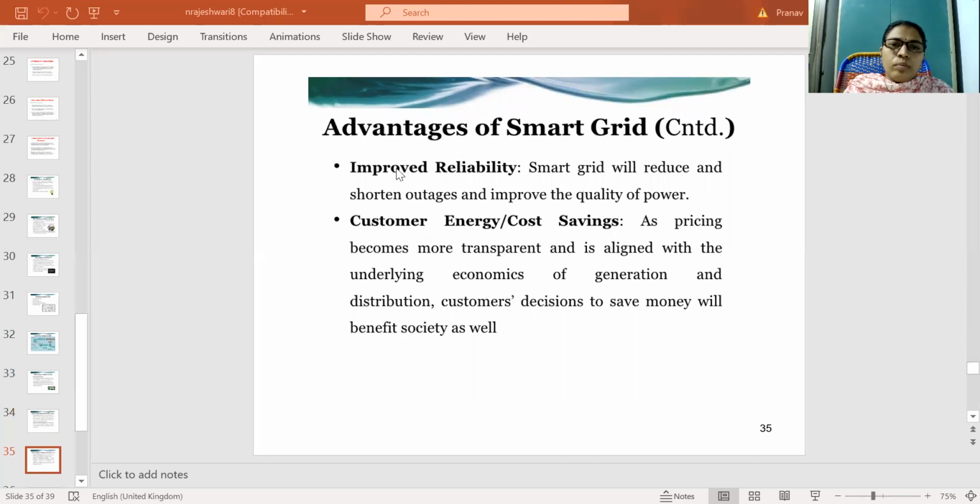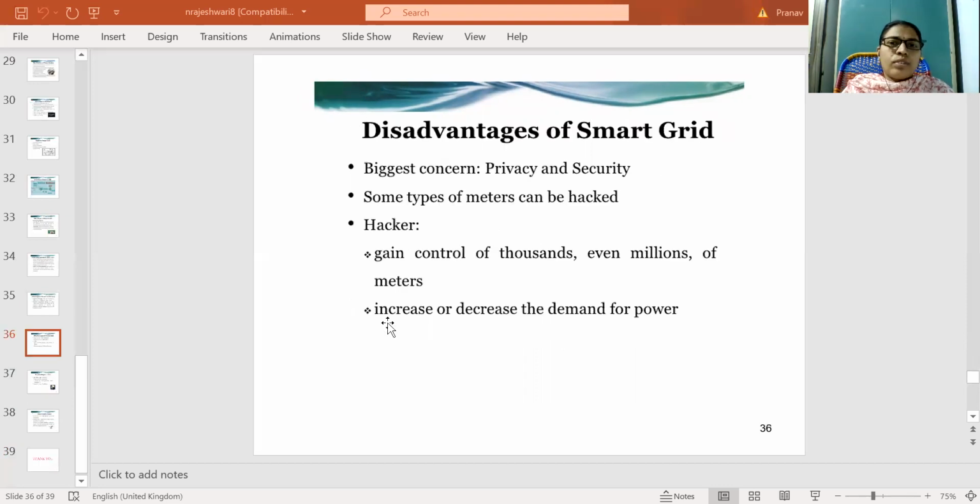Improved reliability: the smart grid will reduce and shorten the outages and improve the quality of the power. In customer energy cost savings, as pricing becomes more transparent and aligned with the underlying economics of generation and distribution, customers' decisions to save money will benefit society as well. So these are the main advantages of a smart grid.